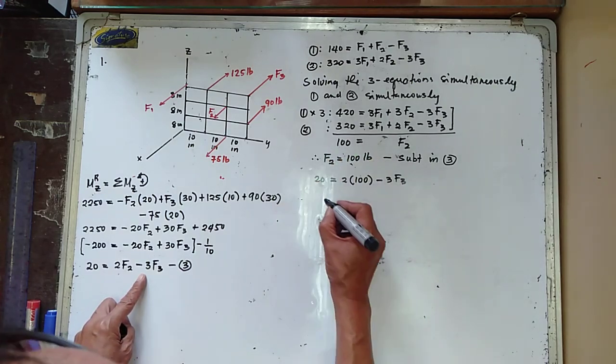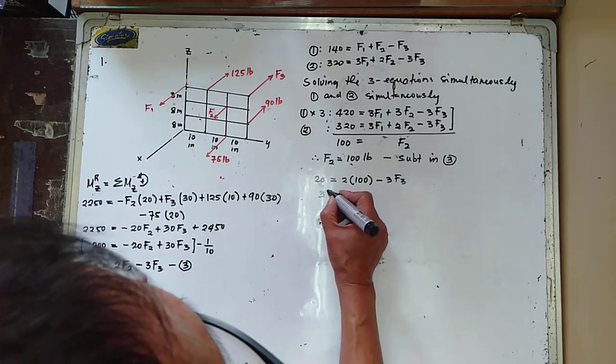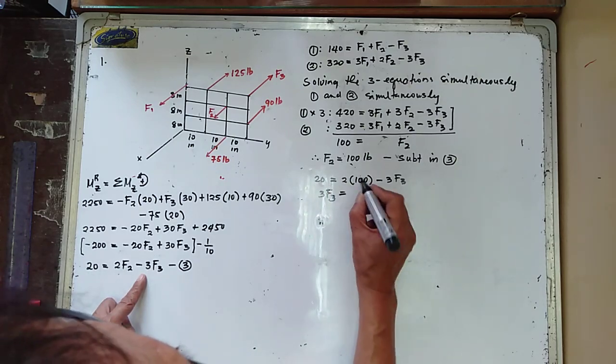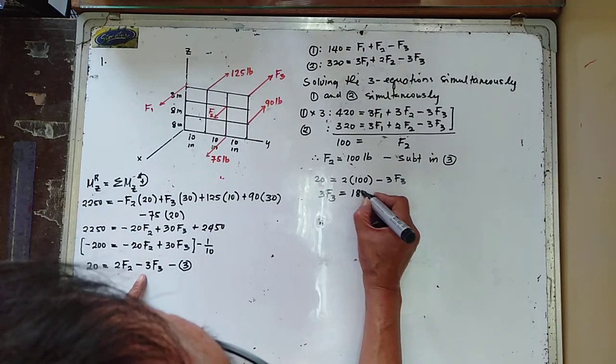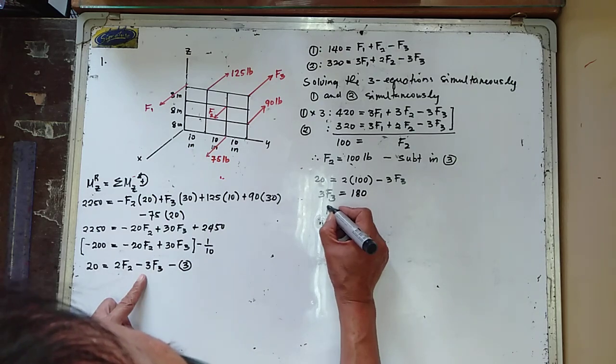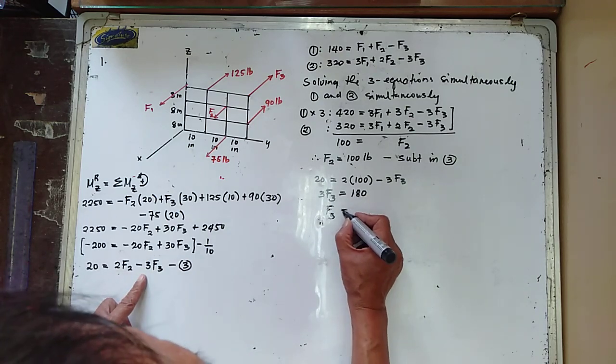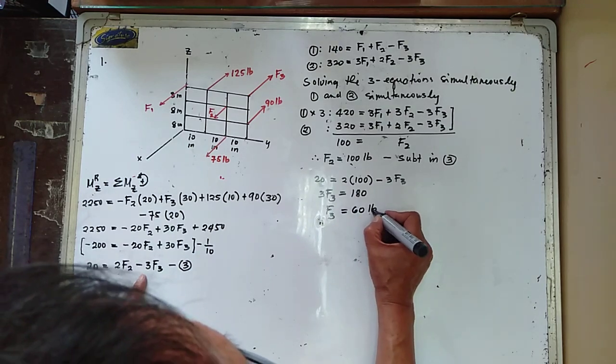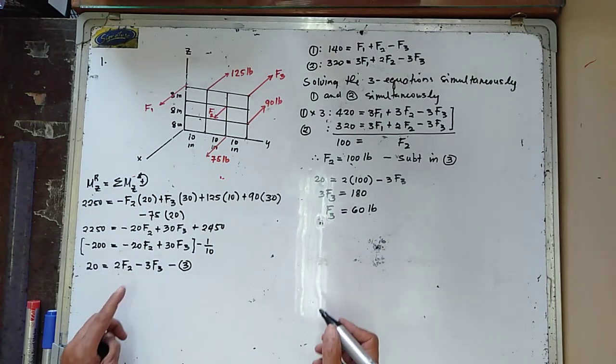So transpose that. We have 3F3 is now equal to 200 minus 20, which is 180. Hence, your F3 is equal to 180 over 3, or that is equal to 60 pounds.